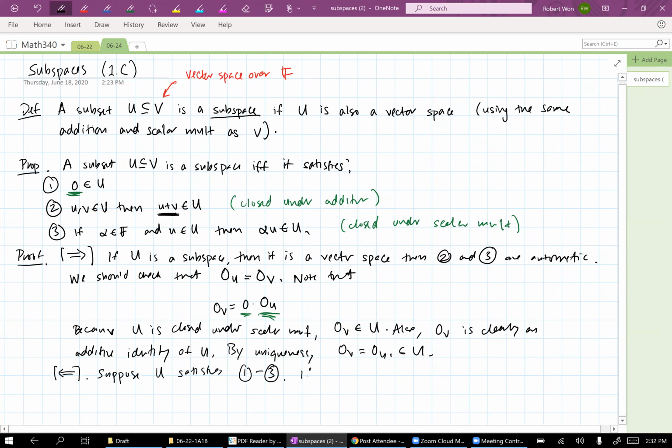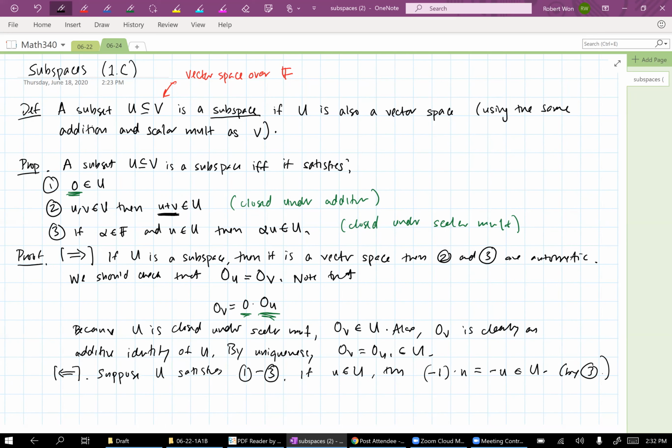So if u is in U, well, for one thing, -1 times u, which is the additive inverse of u by the result we proved last time, that's a vector in U because U is closed under scalar multiplication, right? This is by condition 3. So this shows that U contains additive inverses.